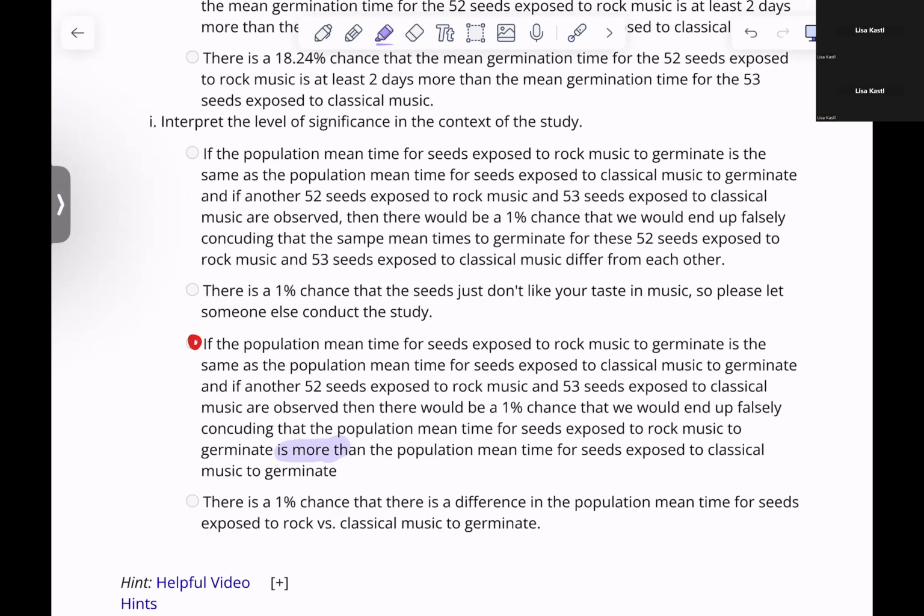Yes, we want population mean. We don't care about the sample. We're testing against what's happening in the population. All we care about is, does the sample show sufficient or insufficient evidence to support our hypotheses?